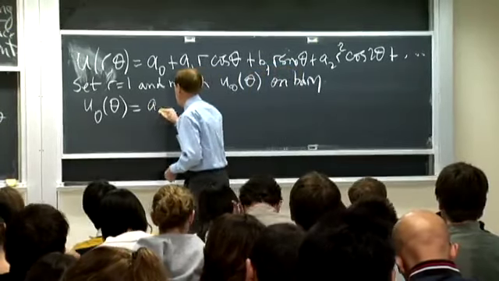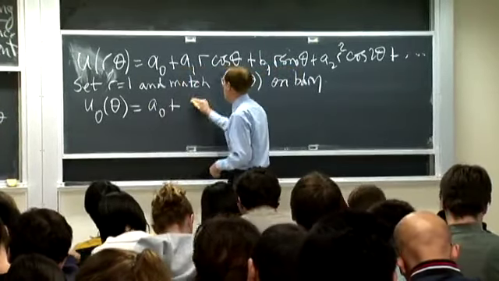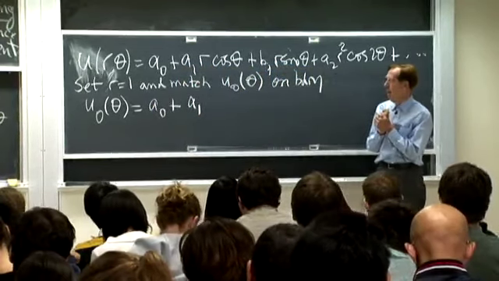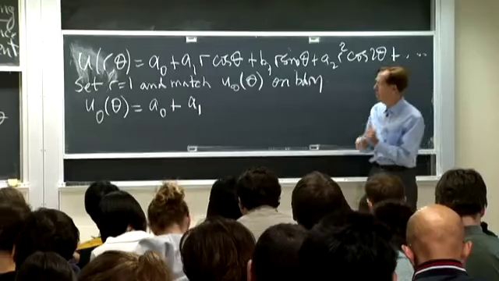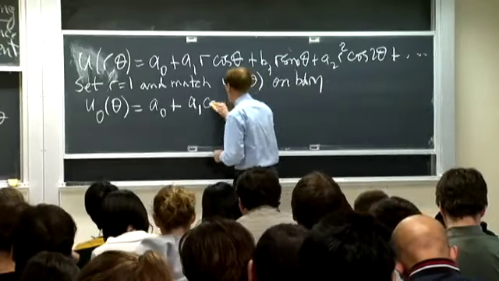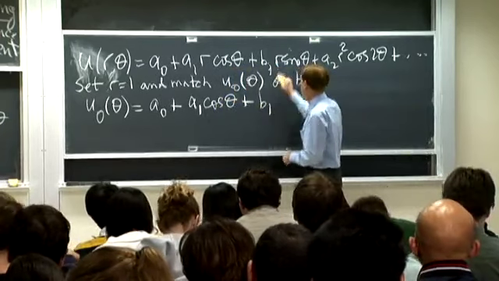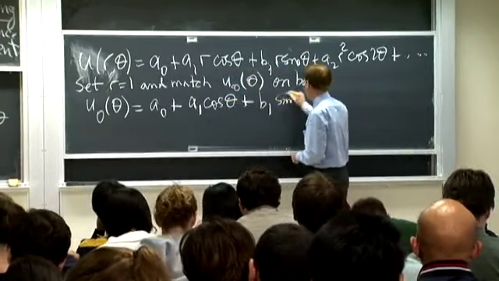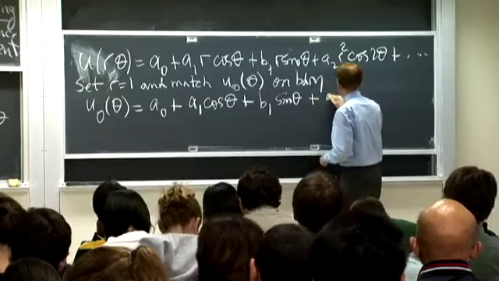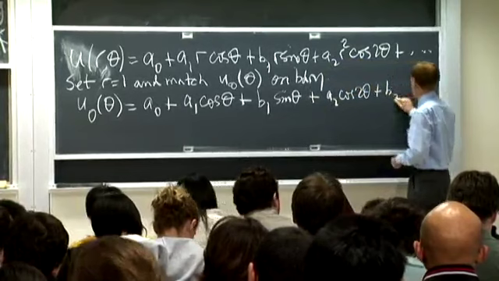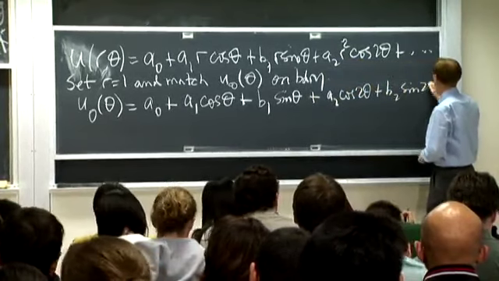So it's a0 plus a1. Now what do I write here? R is 1, so it's just cos theta. Now b1, r is 1, so I just have sine theta. Then I have an a2 cos 2 theta, and a b2 sine 2 theta, and so on.